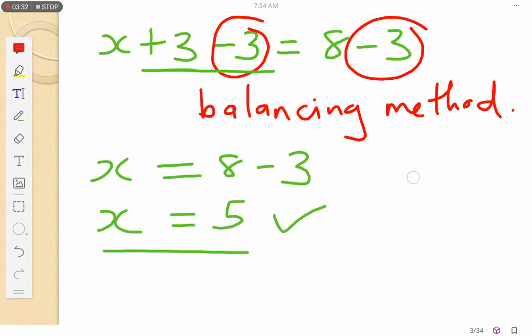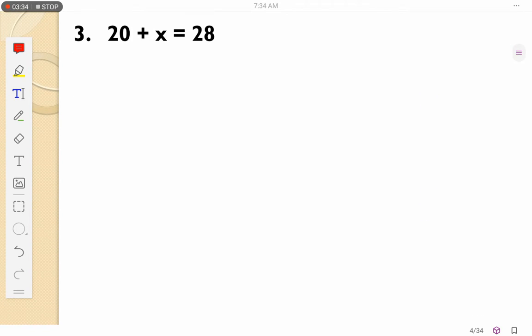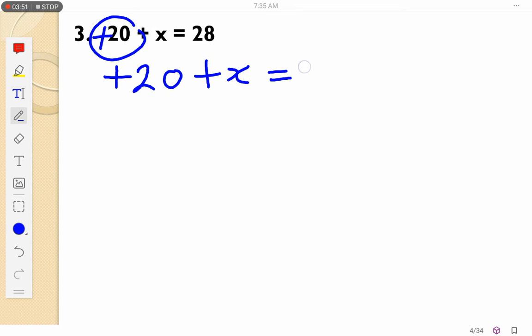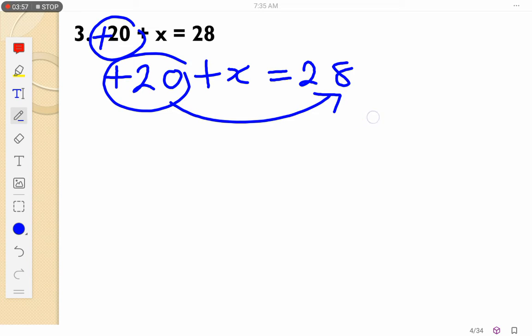Okay, now I'm going to use a different method on this one, my blue method. So here, what is happening here is this. When I have this 20 like that, it is the same as plus. So I can say this is plus 20 plus x is equals to 28 like that. And when I want to move this to this side, it becomes minus 20.